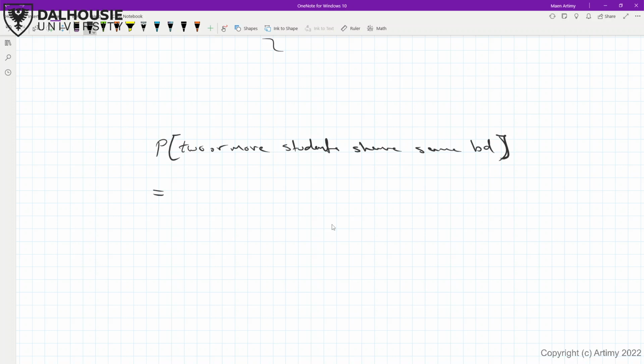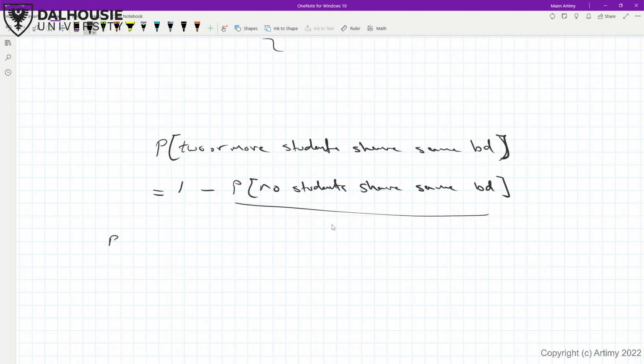This is 1 minus the probability of no students sharing the same birthday. Let's call this Pn for simplicity, where n represents the number of students in the classroom. So how do we calculate that?